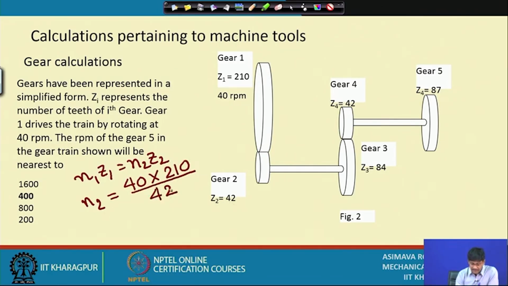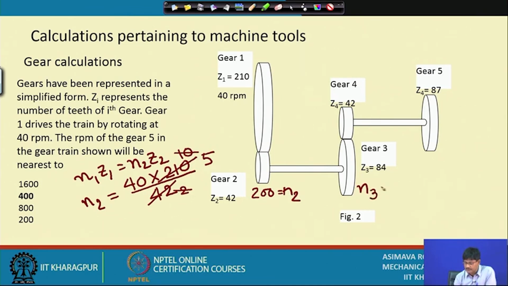Achha. 42 goes into this 5 times, I hope. 21 goes into this twice, and on this 10 times, and you can cancel it further. 5, yes, 5 into 40. So, this is going to rotate at 200 rpm. N2 is 200 rpm.